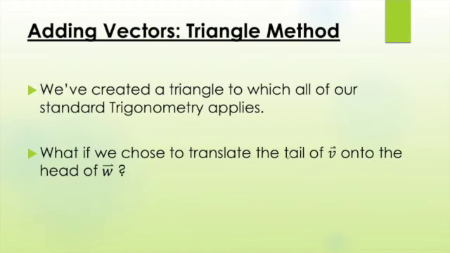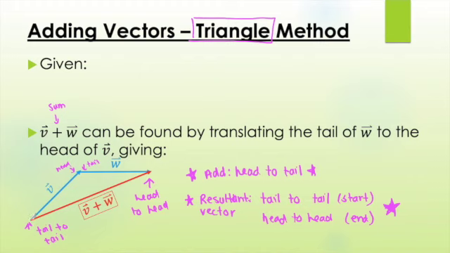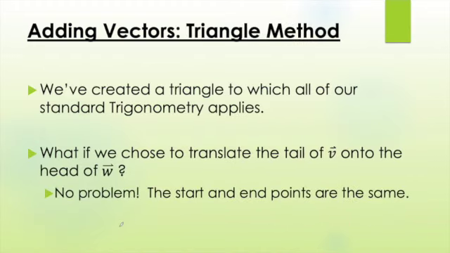What if we chose to translate the tail of v onto the head of w? So rather than going v to w, what if we went in the opposite direction? No problem, the start and end points are the same. So if we actually went w first, and then you're translating the tail of v, so the tail is going to go here, of v onto the head of w, there's your tail there.